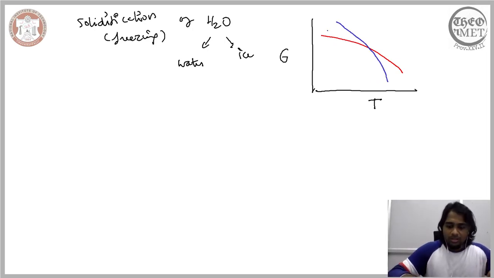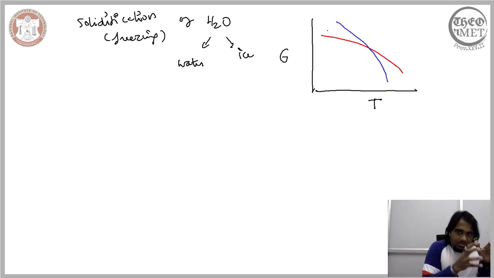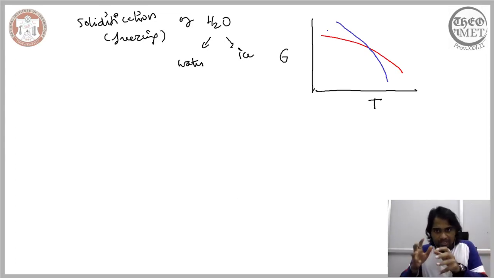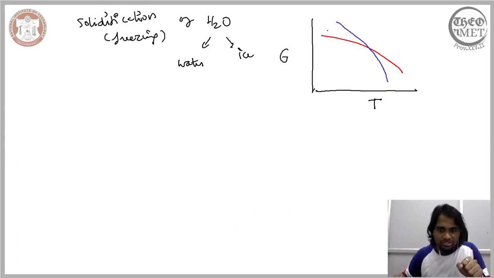So we have looked into the change in the Gibbs free energy with respect to temperature for a single component material in a single state. Now we are extending that to a single component material, holding the material but considering two different states.